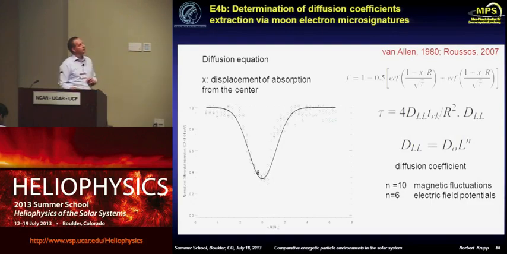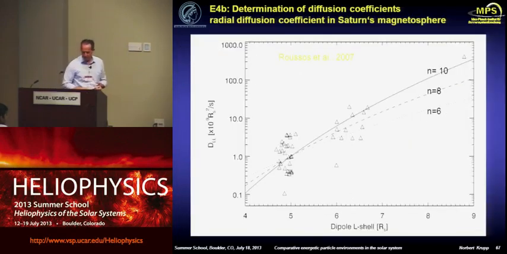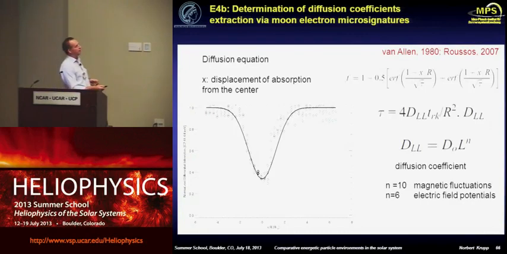You can just map this and find out, due to this curve here, and put it into an absorption distribution function, that it has to be something which is caused by the moon itself, and it is refilled at a rate which is given by this radial diffusion coefficient, which you can determine by simply the slope coming out of that determination, the slope of this radial diffusion coefficient as a function of L. You can determine several parameters of the exponent of this L dependence of the radial diffusion coefficient.